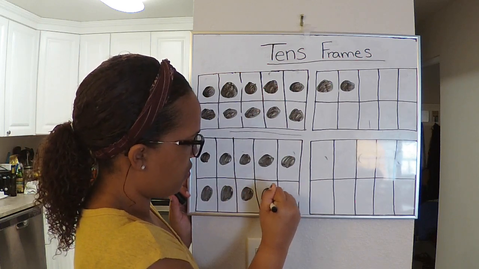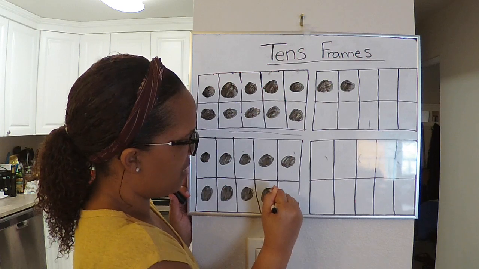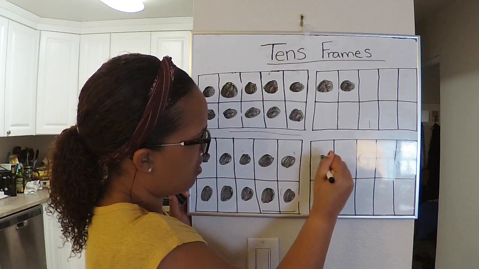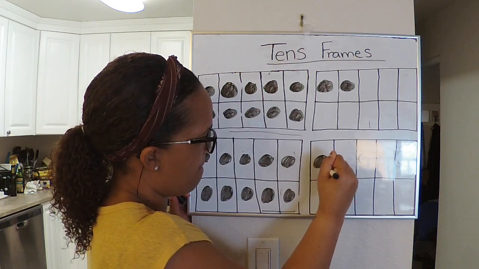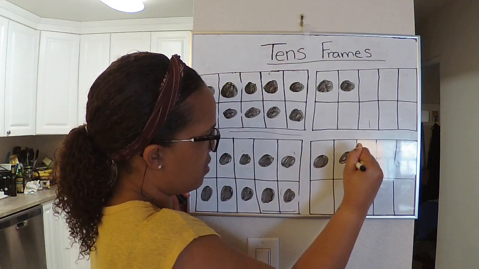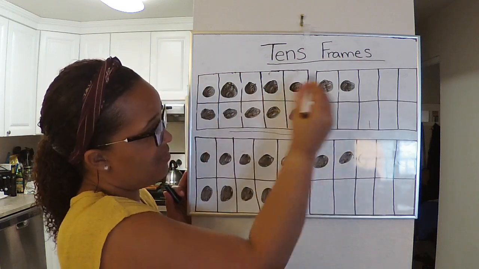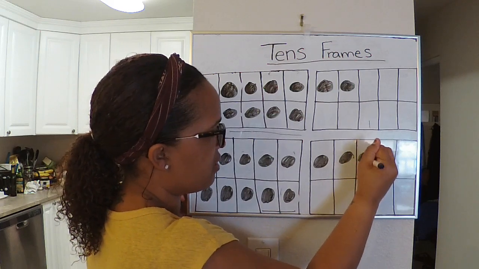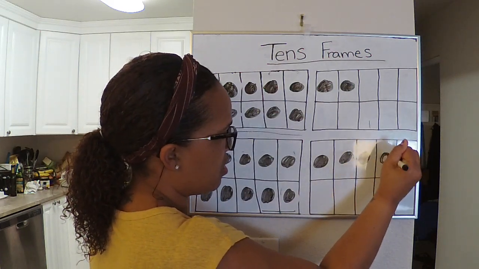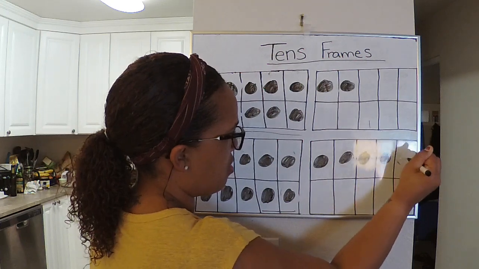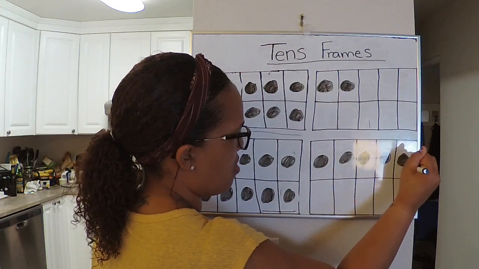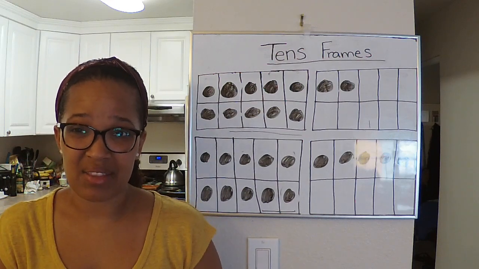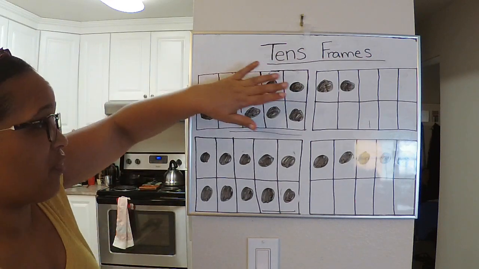I'm wondering if the number in your head is going to be the same number I'm thinking about making. Right now we have the same amount, if you can tell, but I'm going to keep going. And done. What do you think I have? I'm going to give you a minute to think about it while I write the 12 for this one up here.